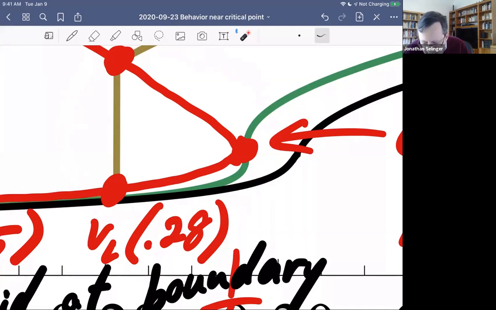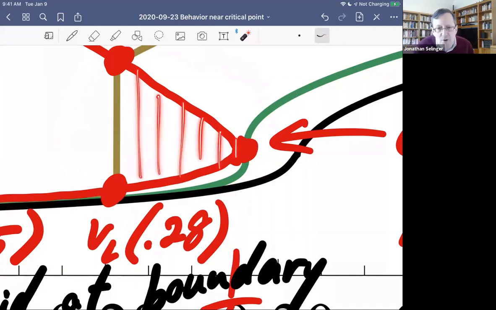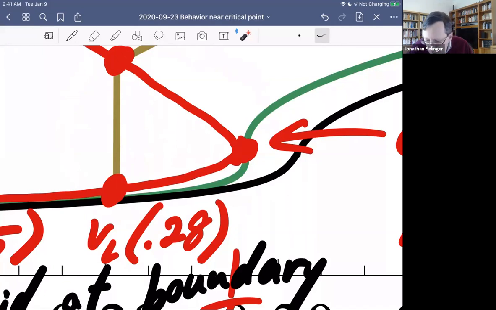Or you could say the difference between the liquid and gas densities is getting smaller as you approach the critical point. And right at the critical point, it goes to 0.